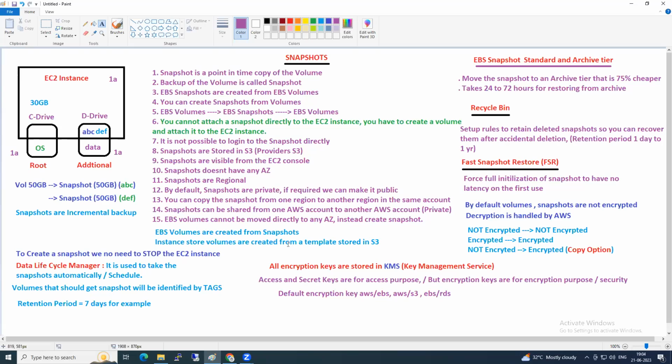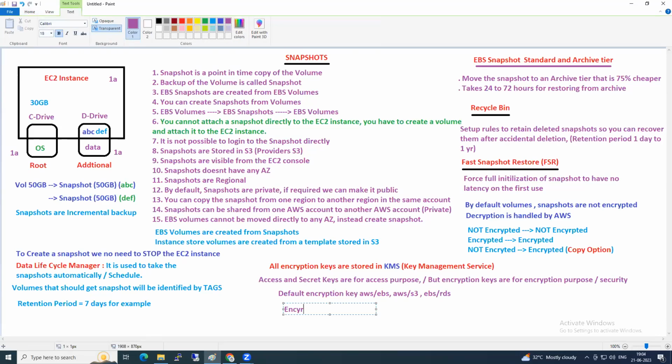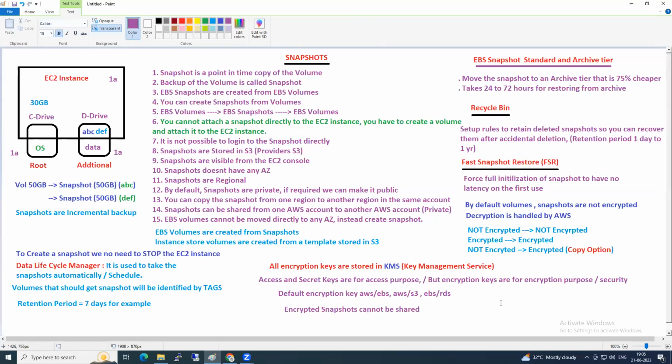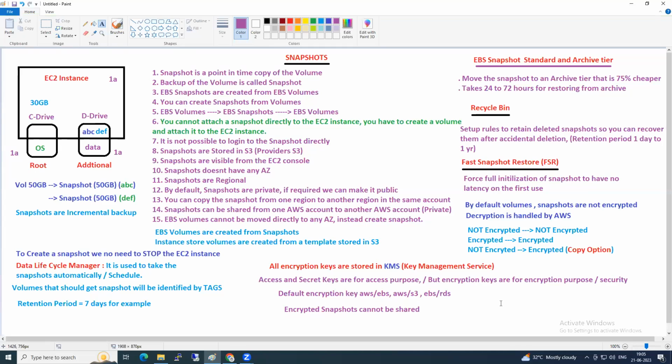So encrypted snapshots cannot be shared. Certification question, definitely. Yes, you can create the keys one time and you can use them.